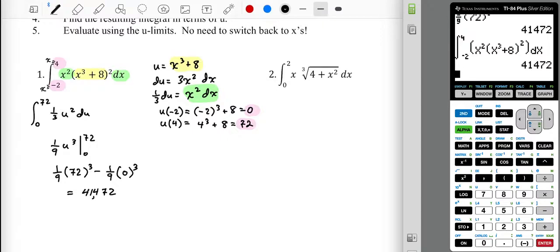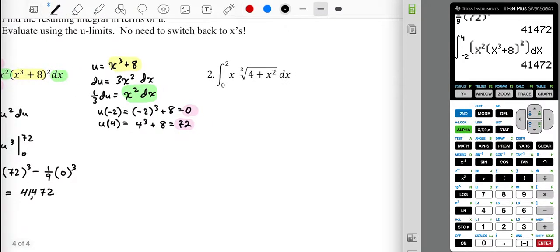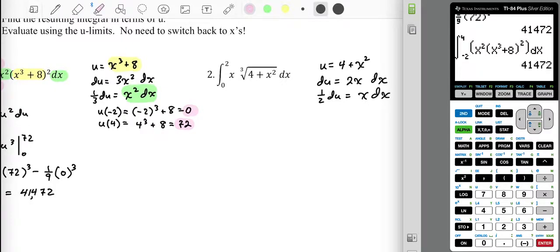In the case of number 2, I would let u equal 4 plus x squared. Apologies. Du is going to be equal to 2x dx. I only need an x, so 1/2 du is going to be x dx. Got my nice highlight action going on here, so I can cross the T's and dot the lowercase j's.